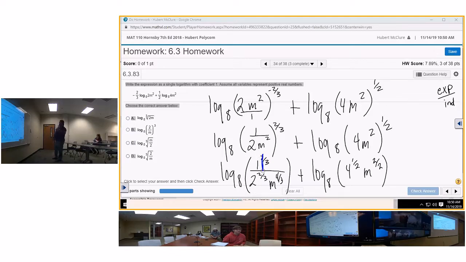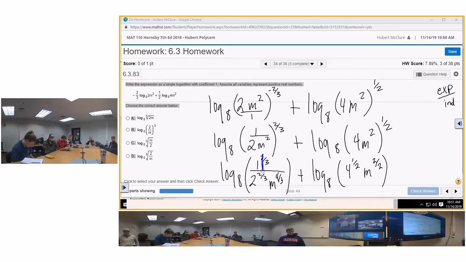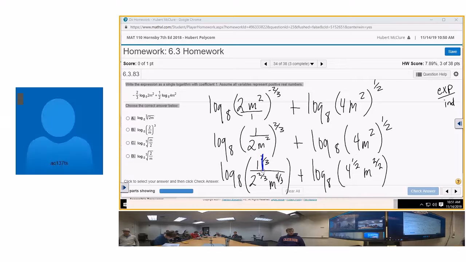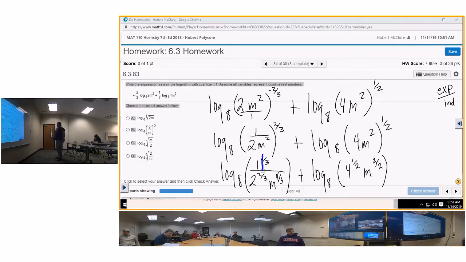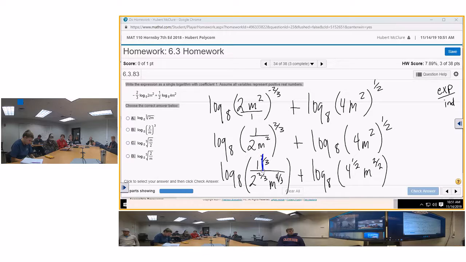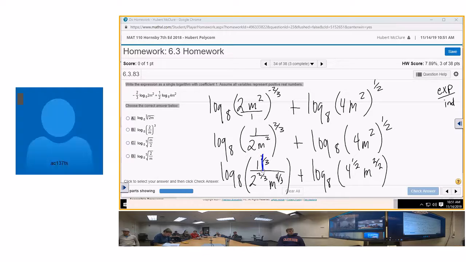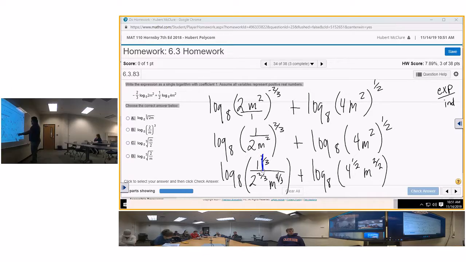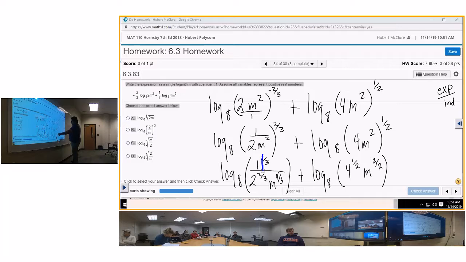So the cube root of 2 to the 2nd power is 4. And this right here is 4 to the 1/2. That's the square root of 4, which is 2.